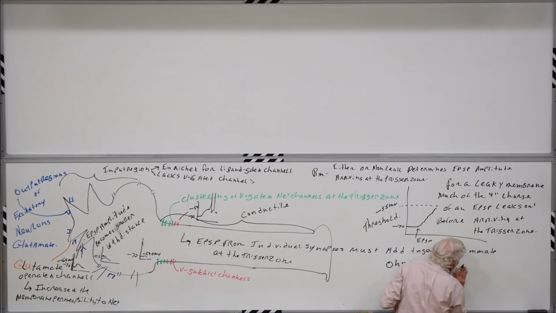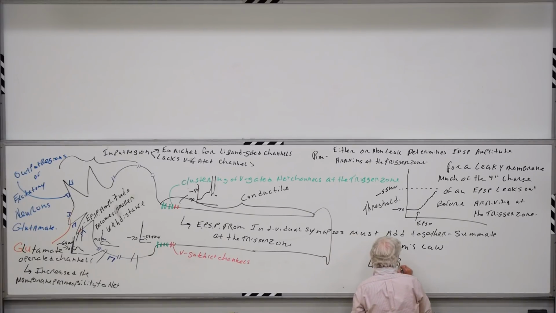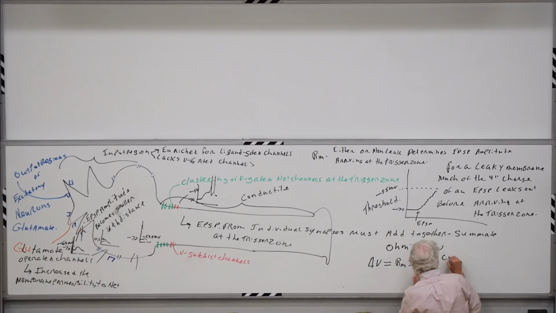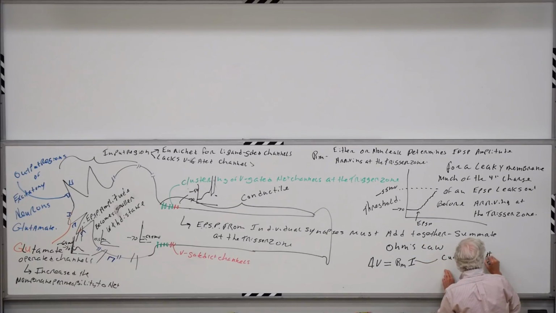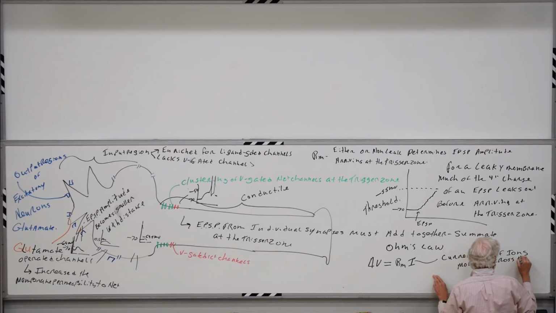And Ohm's law says that the change in voltage, delta V, is equal to the membrane resistance, in our simplified view, times the current, I. Current is simply describing the number of ions moving across the membrane.